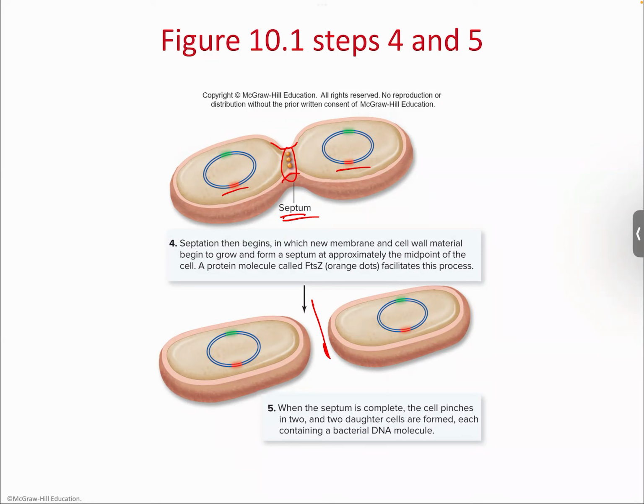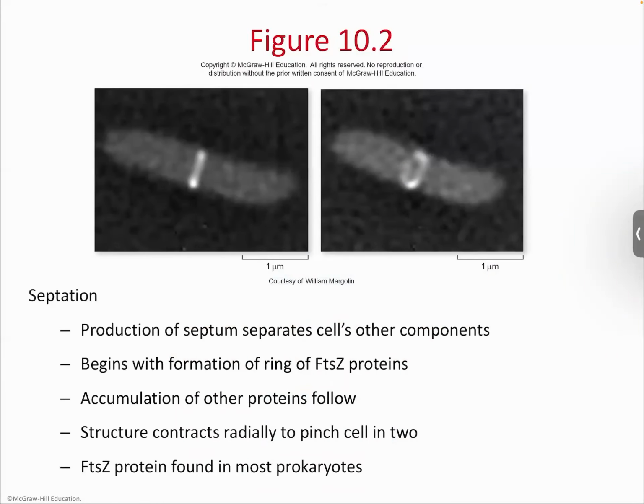The protein that's responsible for that is a protein called FtsZ. And FtsZ kind of forms this little ring-like structure, and we're going to take a look at that in the next slide. So here's a real bacterial cell where you can actually see the septum. So this is the actual septum here. And you can see this little contractile ring, and this is made of the protein FtsZ.